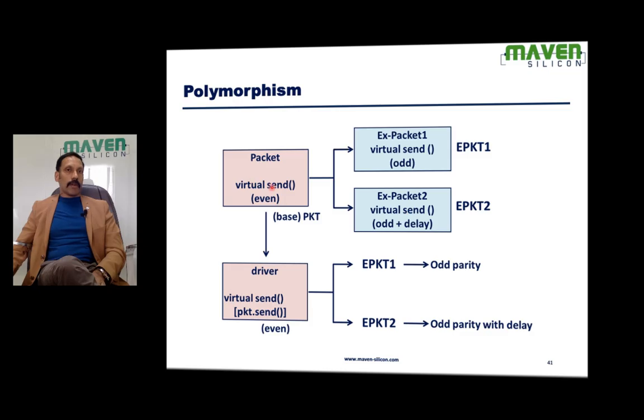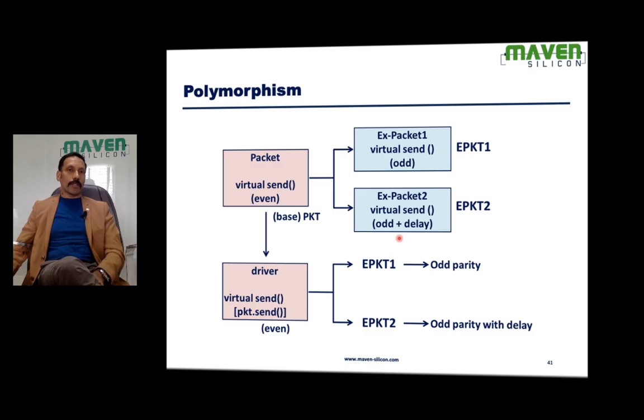By default, this send method generates even parity for the packet. While creating the extended packet, we are going to redefine the same method, something like this. It is going to generate odd parity in case of extended packet 1. In case of extended packet 2, it's going to generate odd parity with some delay.